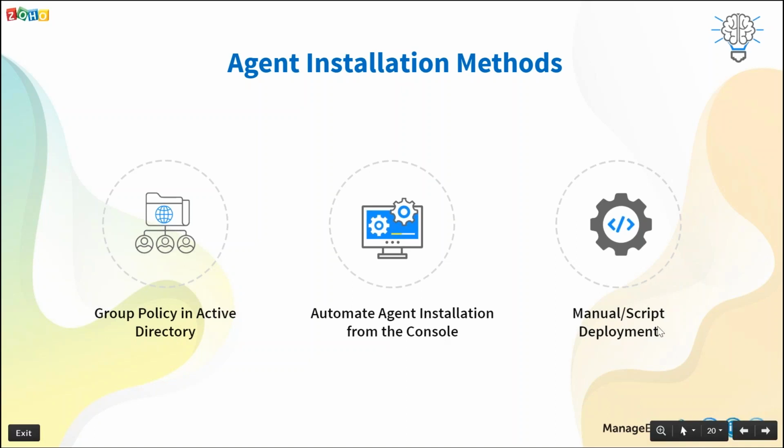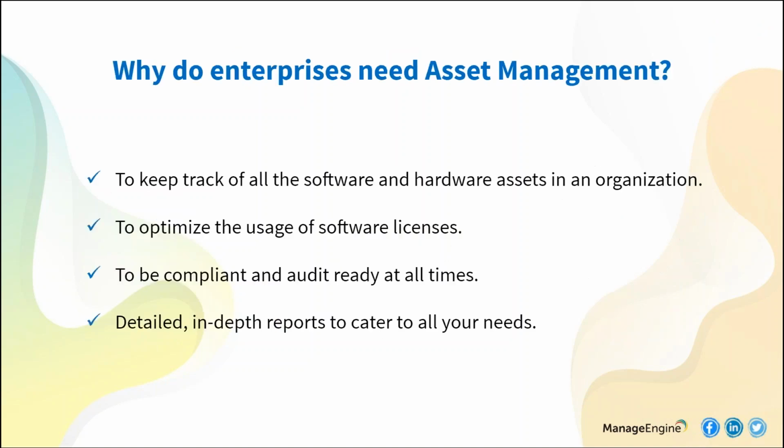And number three, we also have scripts that you can use to install the agent. Alternatively, you can download the agent manually and execute the setup directly on the machine. We'll be talking about agent installation in detail in our upcoming training sessions. If you are interested, please subscribe to the upcoming training sessions.